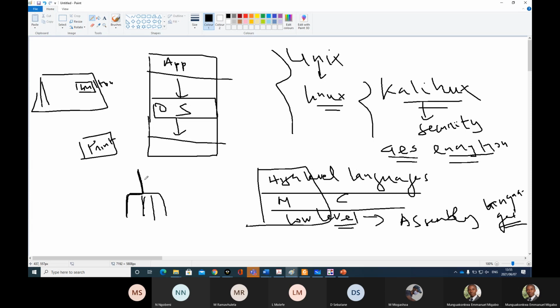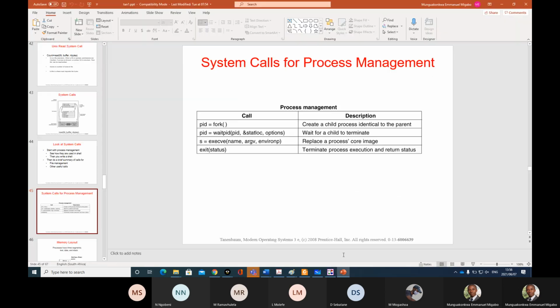It's like branching out, but this is the parent, and these will be the children. So when you say fork in an operating system, you're actually creating a duplicate of the parent process. The call is fork, but it duplicates the process, creating a child which is identical to it.